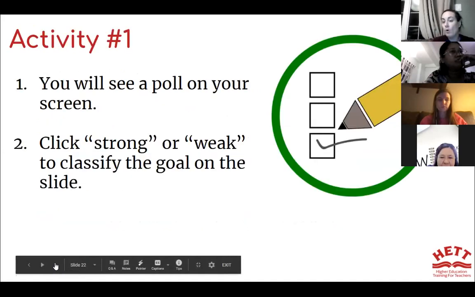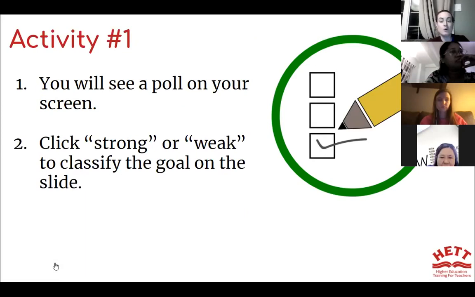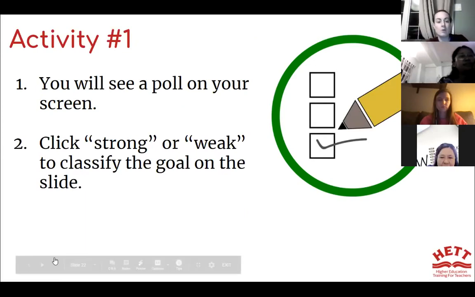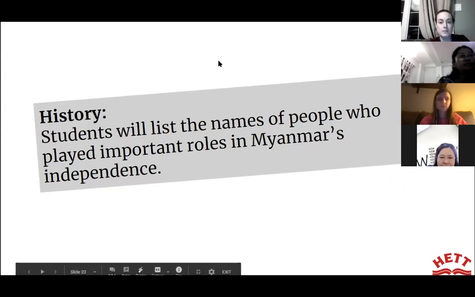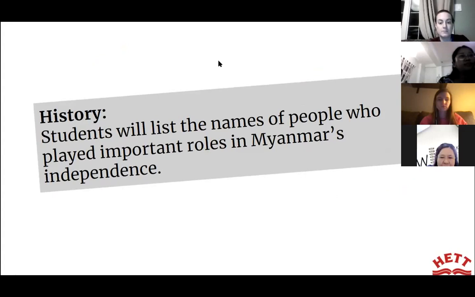Okay, so we're going to do a poll. I would like you to tell me if the goal is strong or weak for a course or program goal. Students will list the names of people who played important roles in Myanmar's independence. Is this a strong goal or a weak goal? Remember, we're thinking of a whole course.